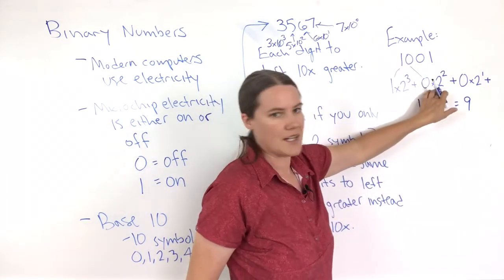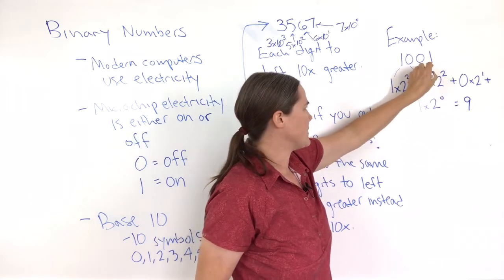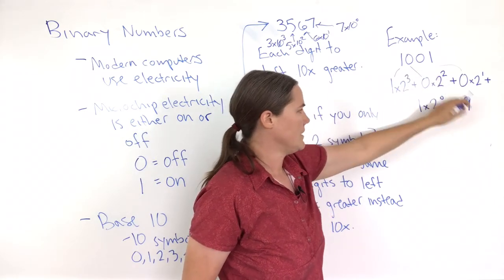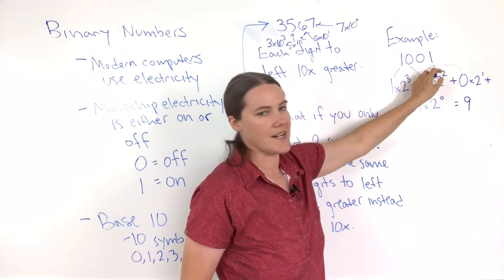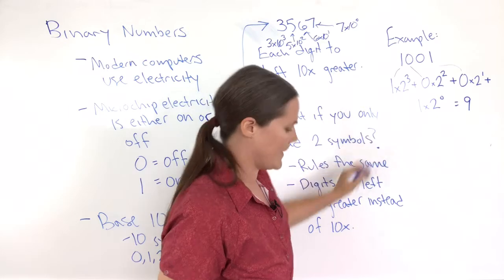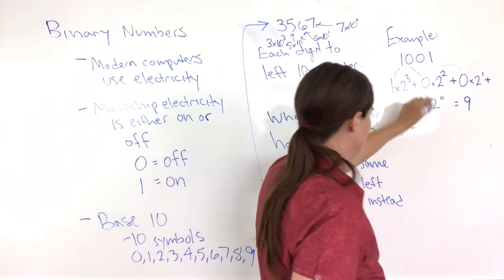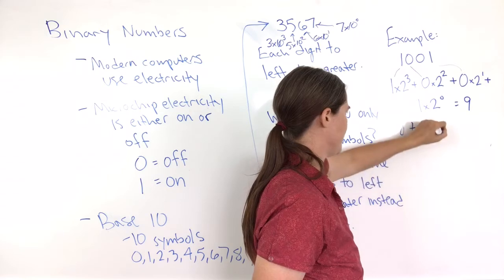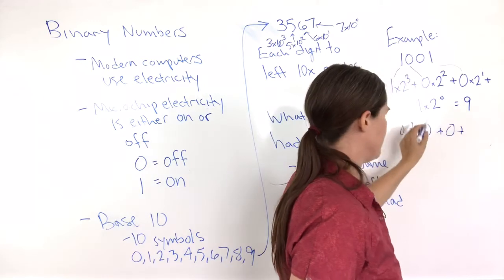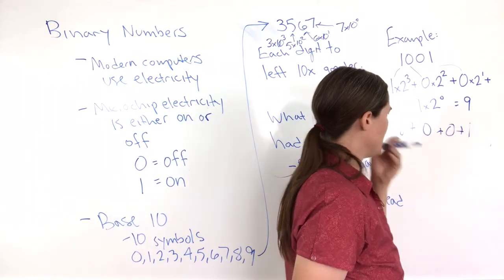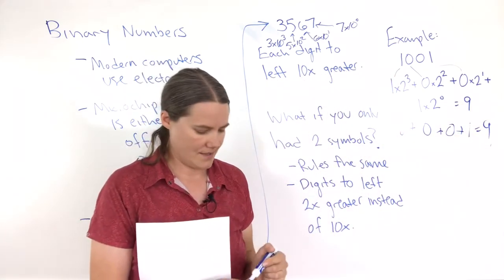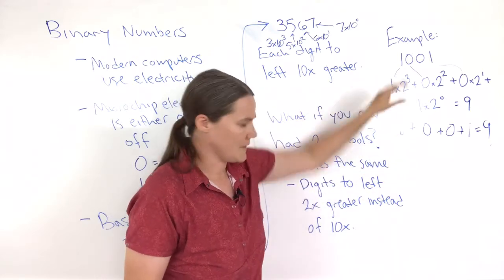For this next spot, we have 0 times 2 to the 1, plus a 1 here, so this is 1 times 2 to the 0. If you go through this math, you end up with 8 plus 0 times 2 squared is 0, plus 0 times 2 to the 1 is 0, plus 1 times 2 to the 0 is 1. So we end up with 8 plus 1 is 9. So that's how you end up getting 9 from this binary number.